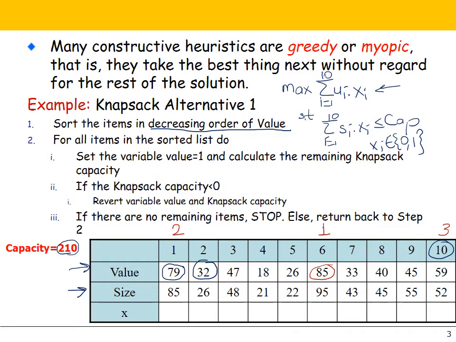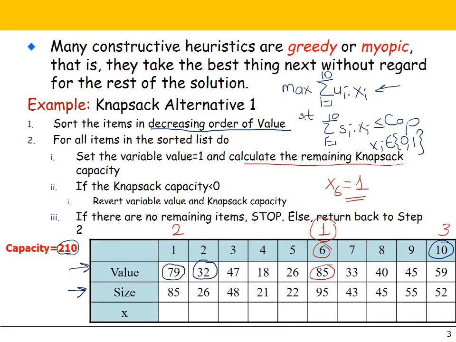In the second step, starting from the first item here, we set the variable value to 1. The first item is item 6, so we set x6 equal to 1, which means we are taking it into our knapsack. Then it says to calculate the remaining knapsack capacity.